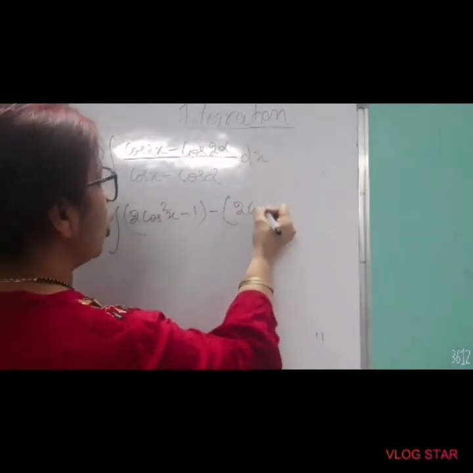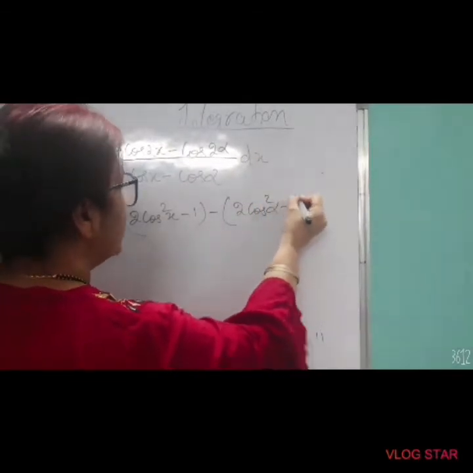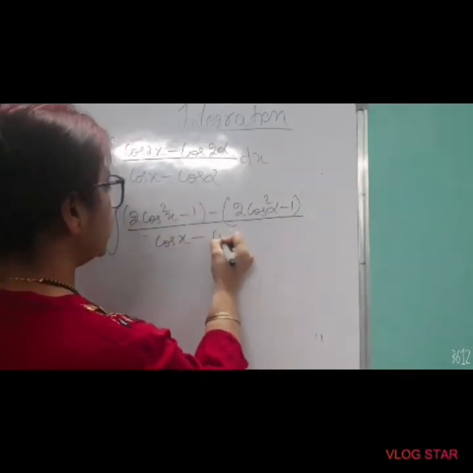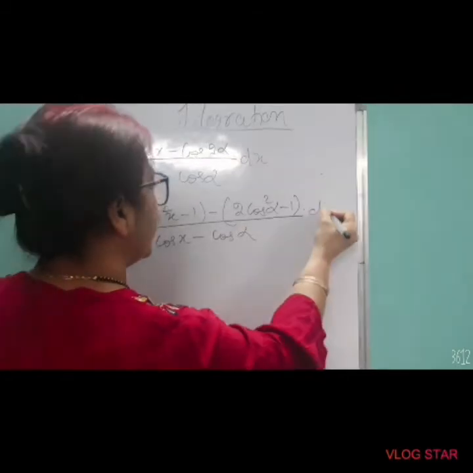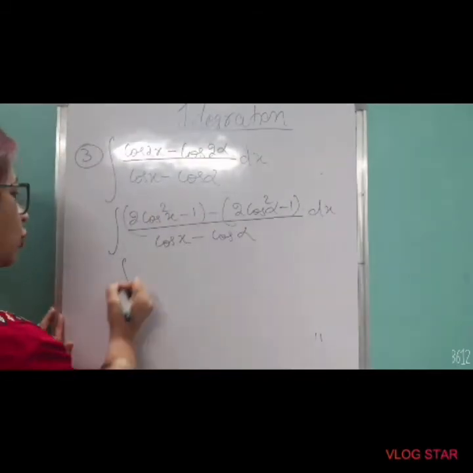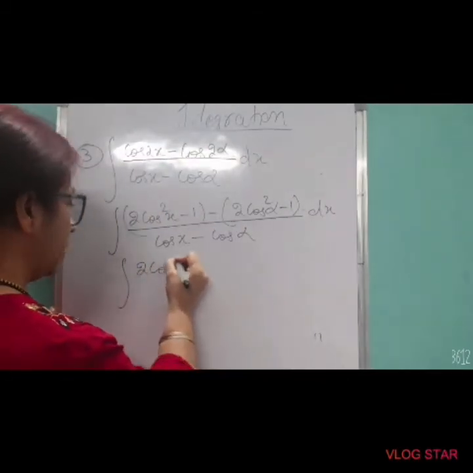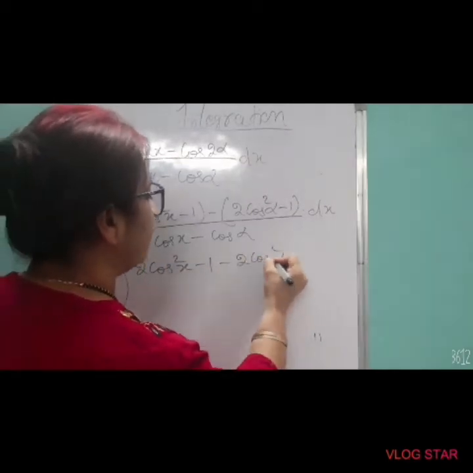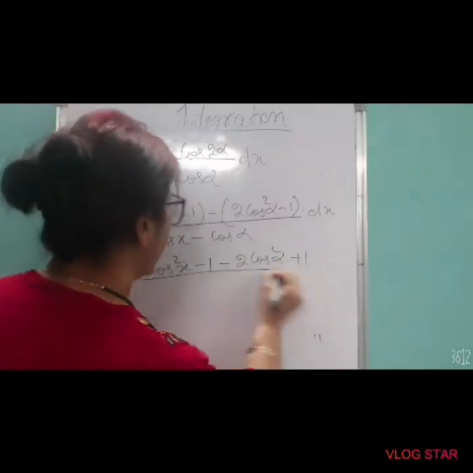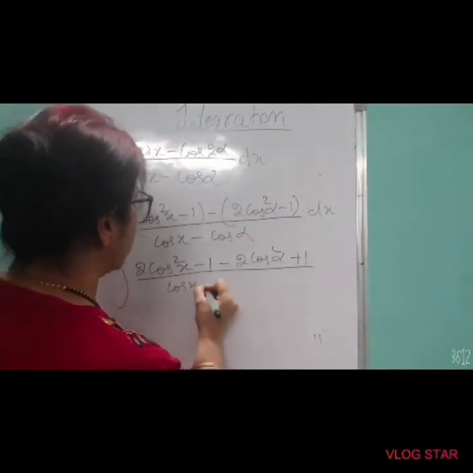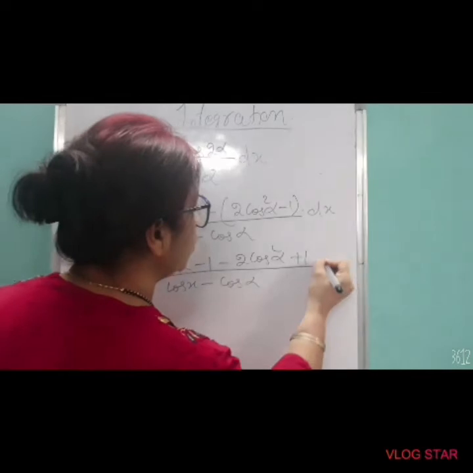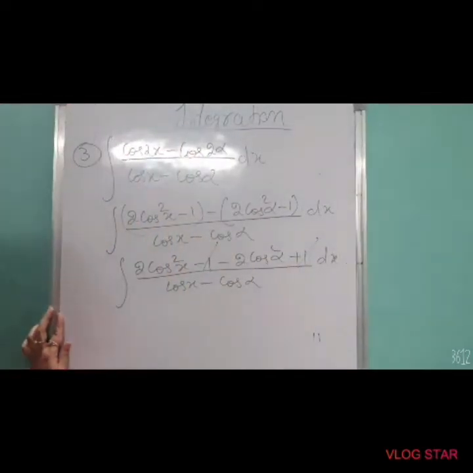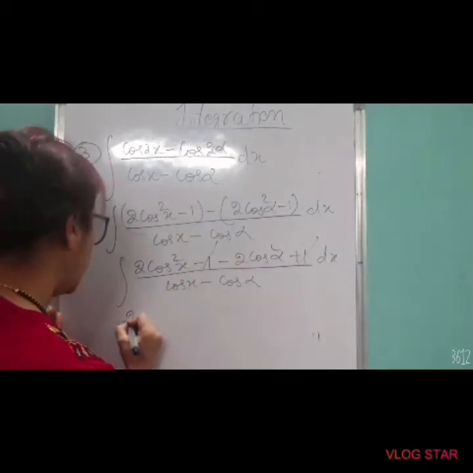So I can write 2 cos square x minus 1 minus 2 cos square alpha plus 1, by cos x minus cos alpha into dx. Now I will open the bracket. We see that 1 and 1 got cancelled.